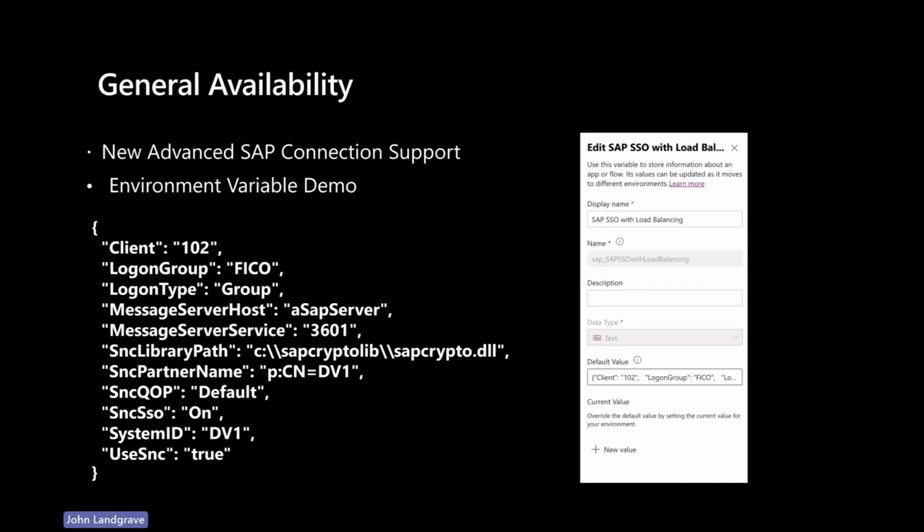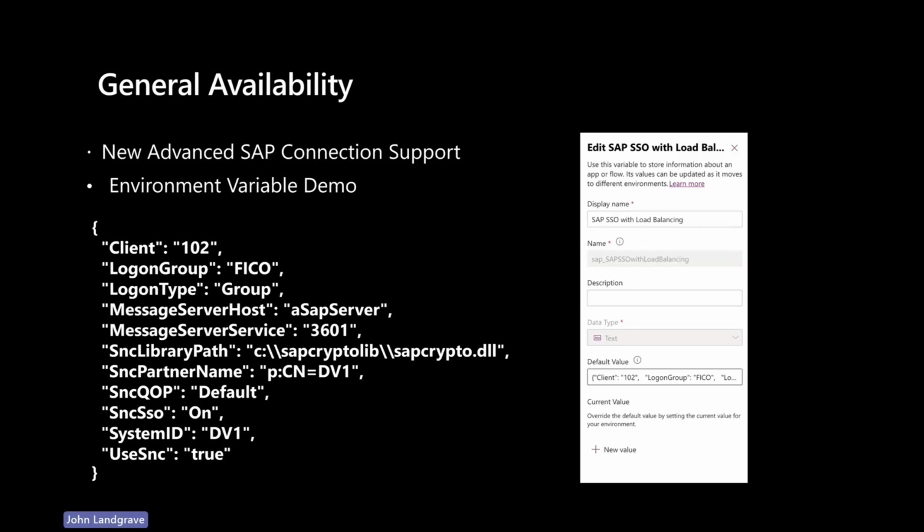Also being able to specify where your crypto libraries are for secure network connections. And then defining whether or not you're using SNC and whether SSO is configured. Again, if you're using SAP only, then you don't have SSO configuration. But if you're using Kerberos and passing through a token-based identity authentication, then you would have to have SSO turned on and have that path encrypted using one of the crypto libraries.